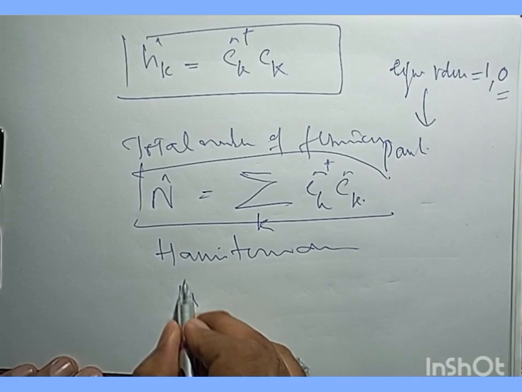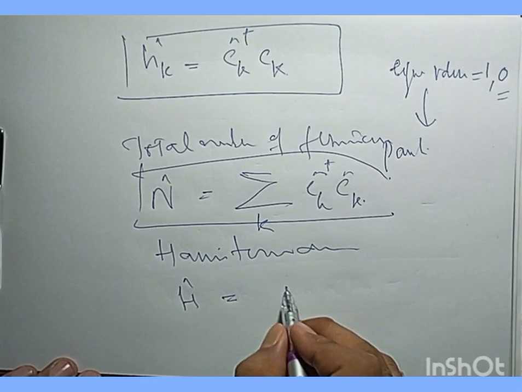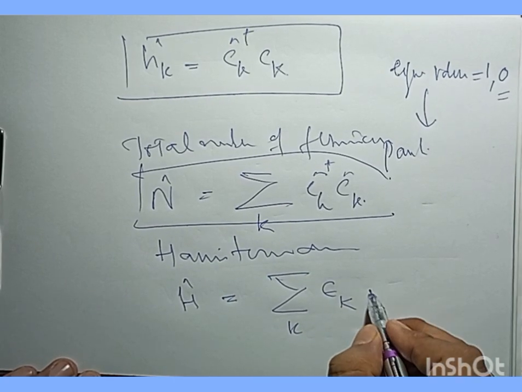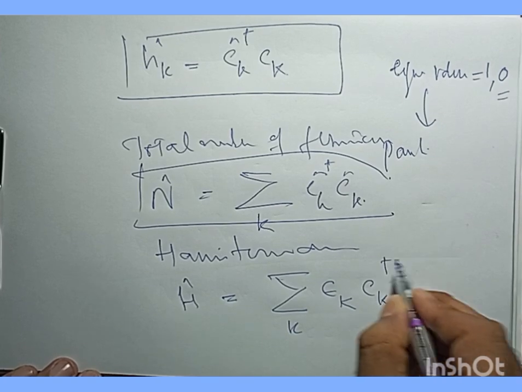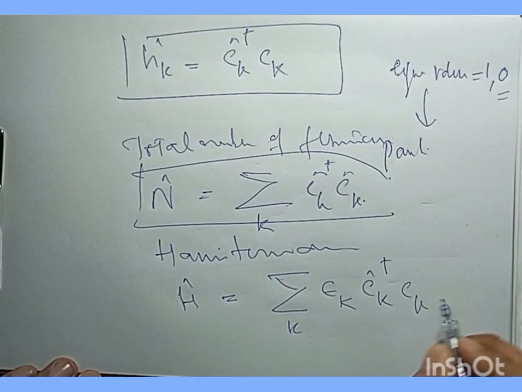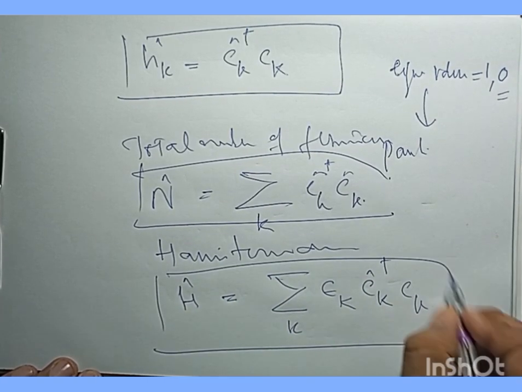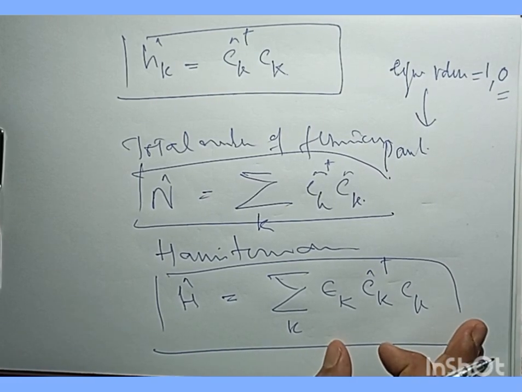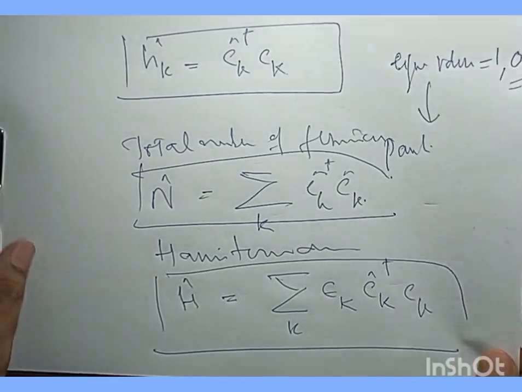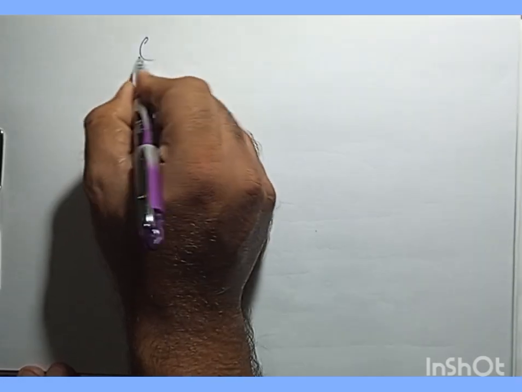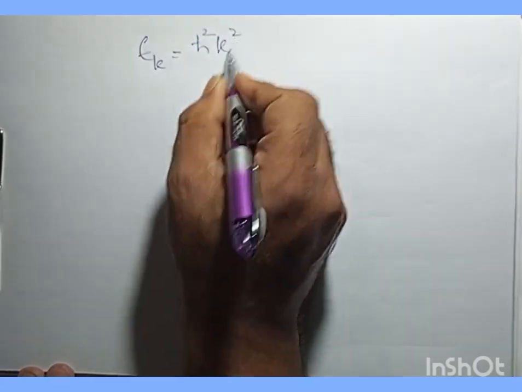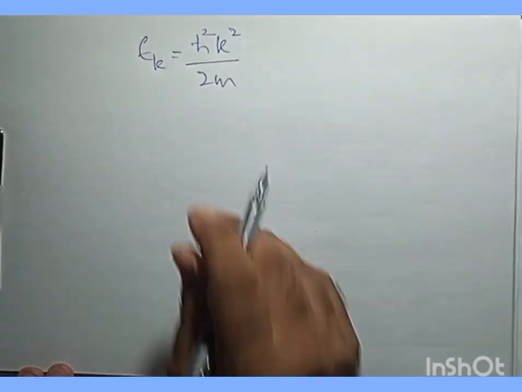The Hamiltonian can be written as sigma over k of epsilon_k c_k dagger c_k, where this epsilon_k is the energy of the quantum state that's occupied, and epsilon_k is h cross squared k squared by 2m.